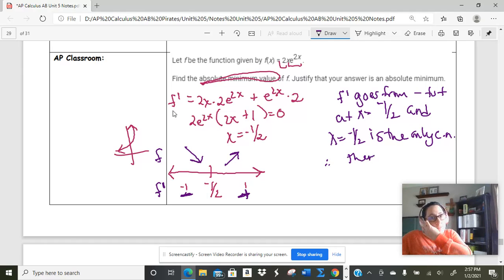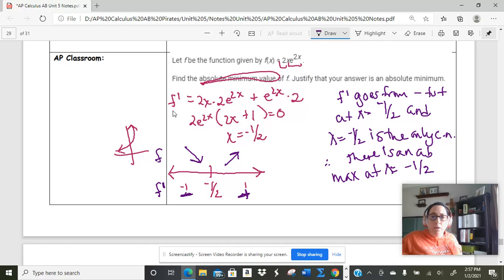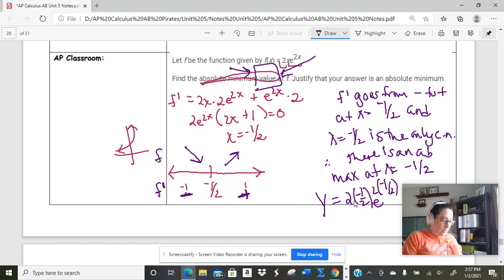Therefore, there is an absolute min at x equals negative 1/2, and the y value, because it wants the value now, be careful, so I have to go plug that in. So 2 times negative 1/2 e to the 2 times negative 1/2. Simplify if you want. I got negative 1 over e, but you do not have to.